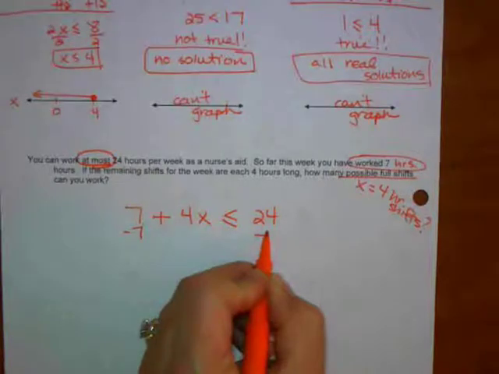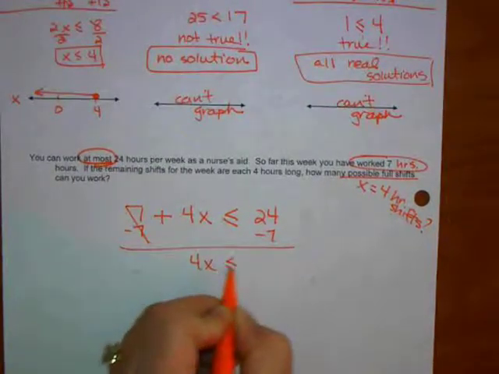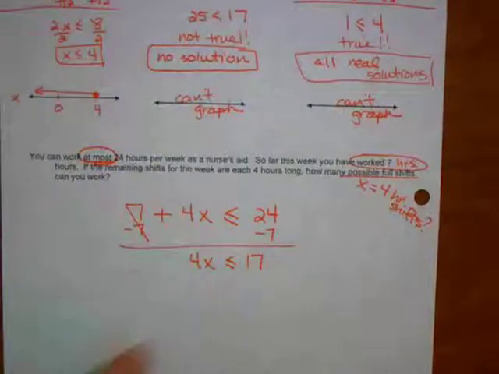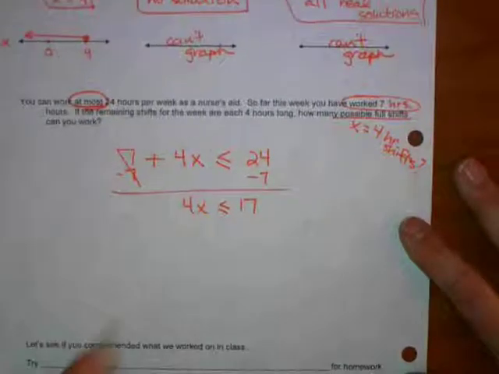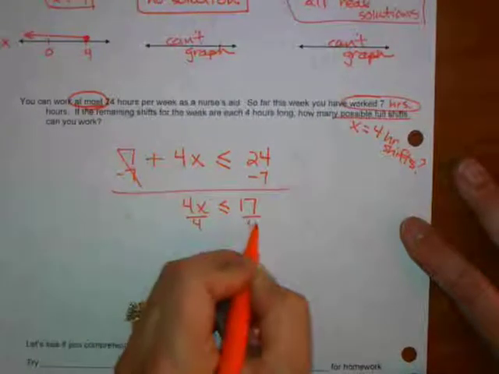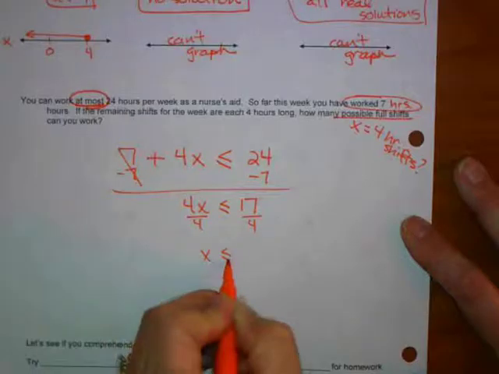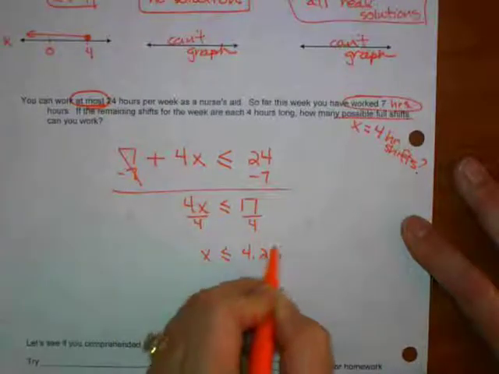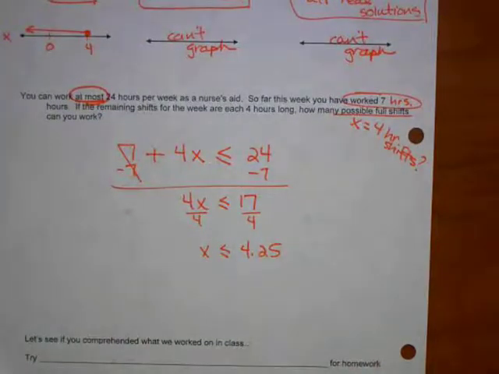Subtract 7. Now be careful with your answer. You're going to get a decimal here, which is okay, but you're not going to walk away from this answer right now. How would you actually have to answer this problem with that number? Can you work a quarter of a shift?